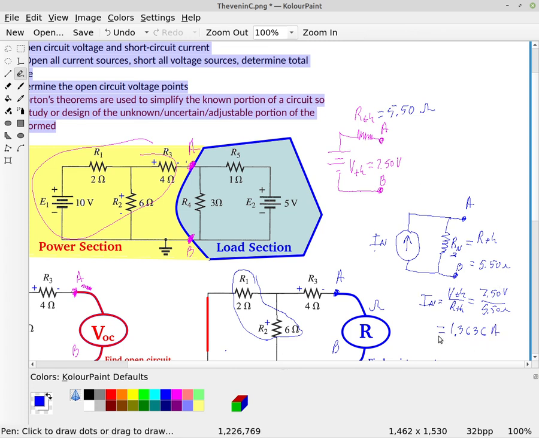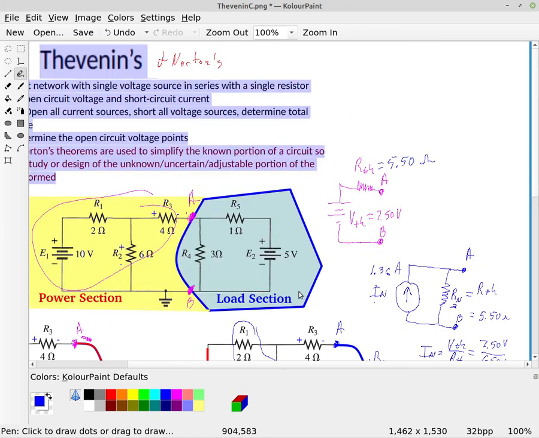Remember, for Blackboard we need 3 significant digits, so it would be 1.36. We would not round up because the number to the right of the 6 is simply a 3, so it would be 1.36 amperes. And so there we have Norton and Thevenin.